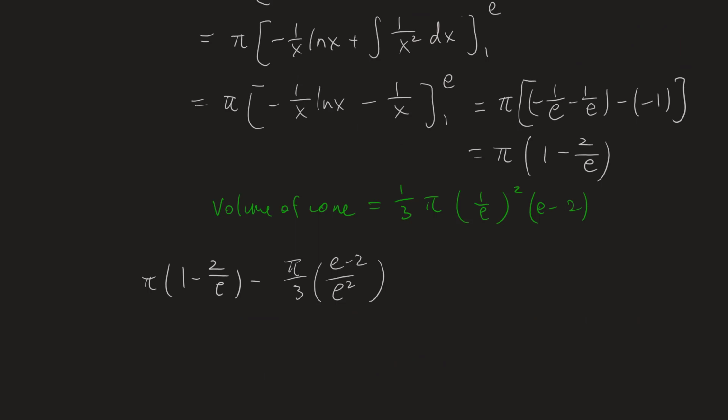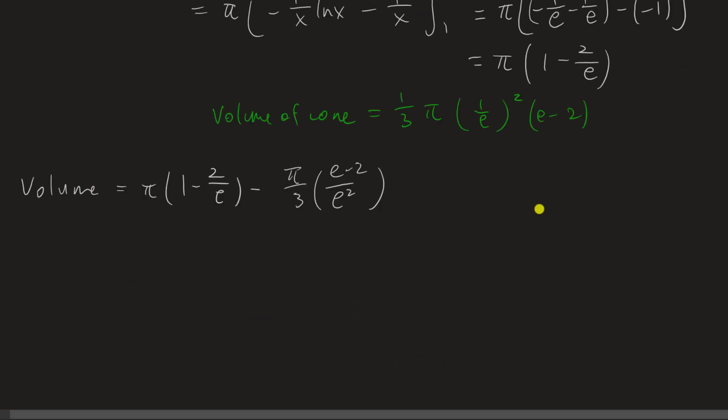Leaving your answer like that is perfectly fine, but if you like it to be clean, you can expand everything. 2 pi over e minus, here you will get pi e over 3e square plus 2 pi over 3e squared. You can simplify this, and then you realize that I can simplify this too.